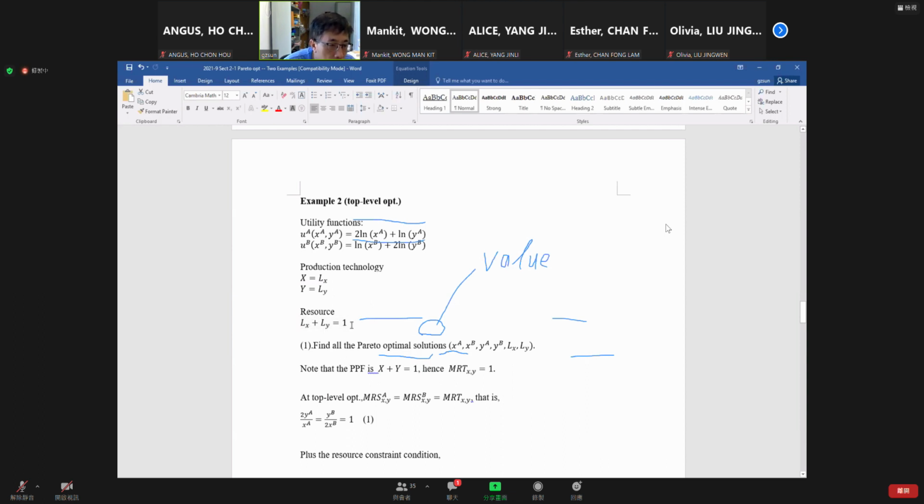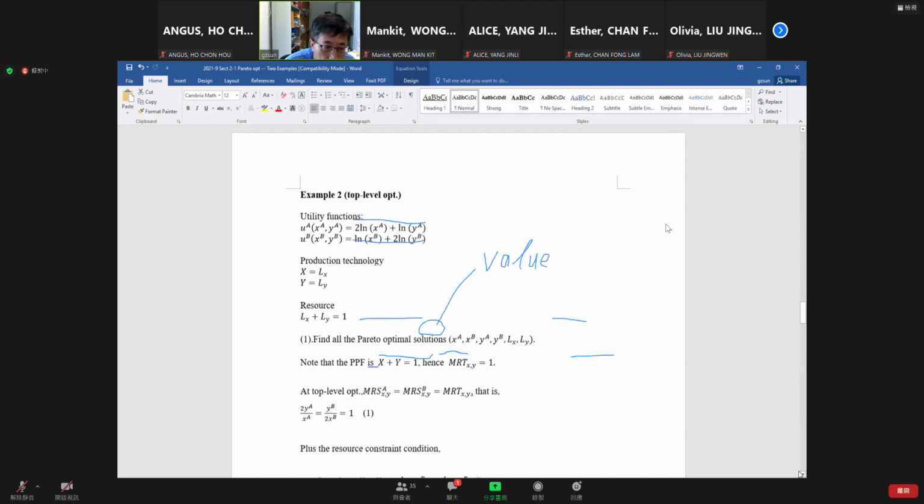This is a very simple type of resource. We have only one kind of resource, labor, no capital, to simplify our analysis. And for this one, again, we need to find the Pareto optimal solution. And then we also have the same problem.